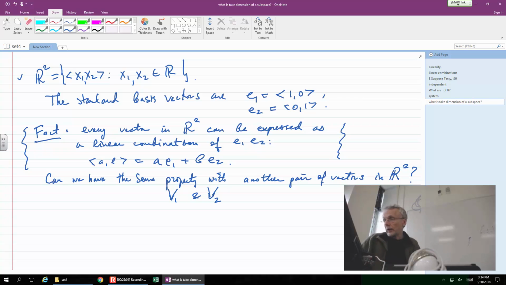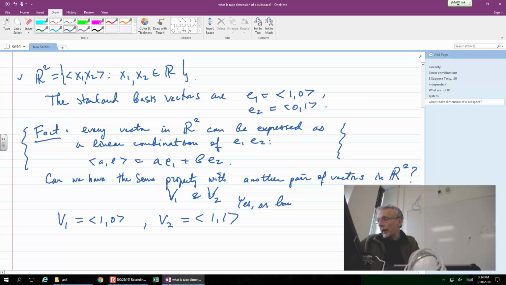So let's just do a specific example. We did it, I think, in the past. How about I pick V1 equal to (1, 0), the same as before, and I pick V2 to be (1, 1). The answer is yes, and in fact there are a bunch of them, as long as they are not multiples of each other.